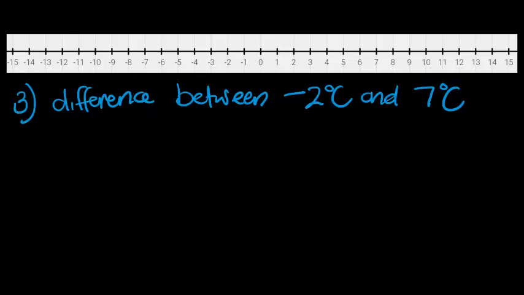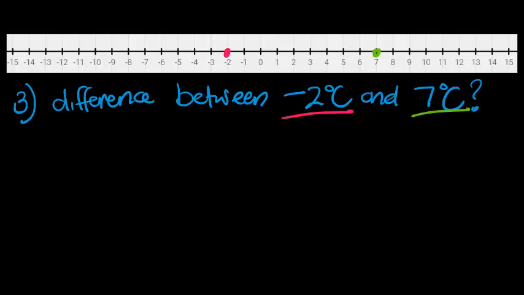So this question is quite similar. They're asking what is the difference between negative 2 degrees Celsius and positive 7 degrees Celsius. My starting point is at negative 2, and my ending point is at positive 7.